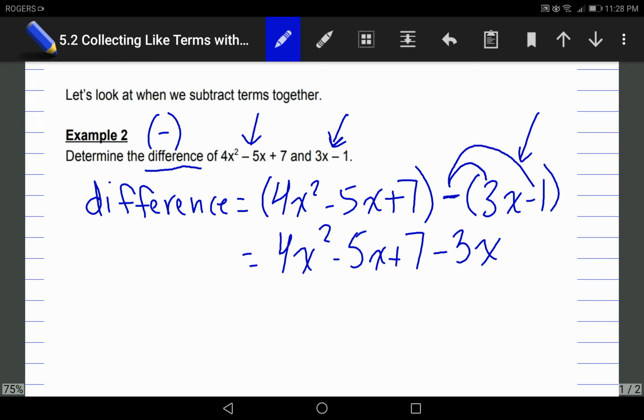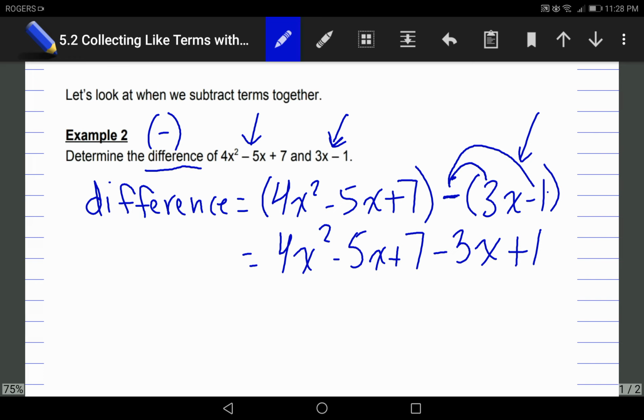Okay, because you're subtracting everything in that bracket, not just the first term, 3x. You're also subtracting minus 1. So a minus and a minus side by side, because we're minus negative 1. Those are two negatives side by side, which becomes plus 1.